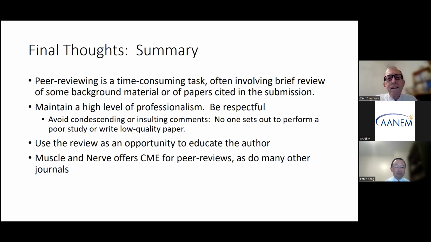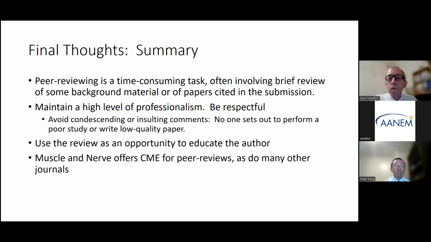Remember that nobody sets out, and I was once told this by an author, I think this is great advice, nobody sets out to perform a poor study or to write a low quality paper. If they are submitting it, it is the view of that author that they're submitting a reasonable research paper, and so they deserve that level of respect in return.